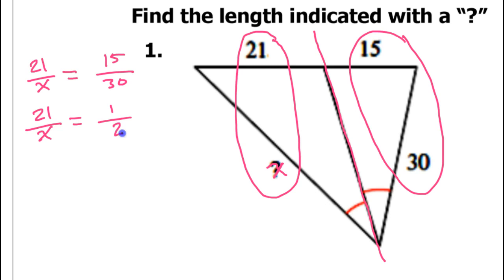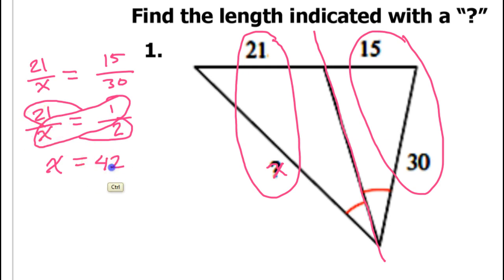But anyway, this will simplify down to 1/2. And then you cross multiply. So if I do this diagonal, 1 times X is really just X. And then if I do the other diagonal, 2 times 21 is 42. So the unknown side is 42.